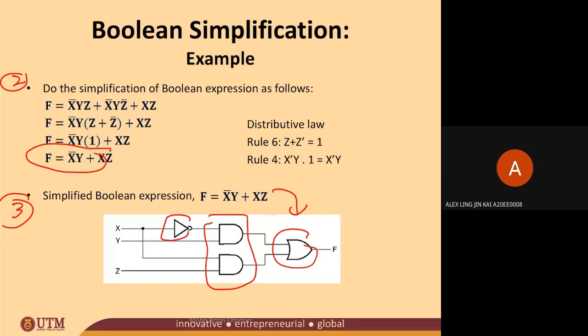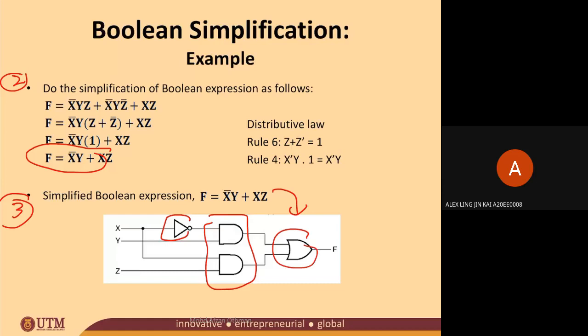Why do you need to simplify the equation? Actually, you need to reduce the number of gates. Because if you are using a longer equation, you may need more gates. And when you simplify the Boolean equation, you can reduce the number of gates.